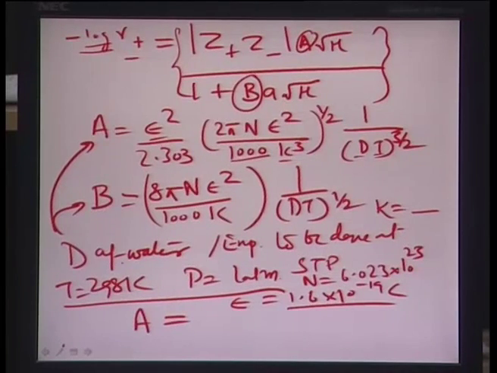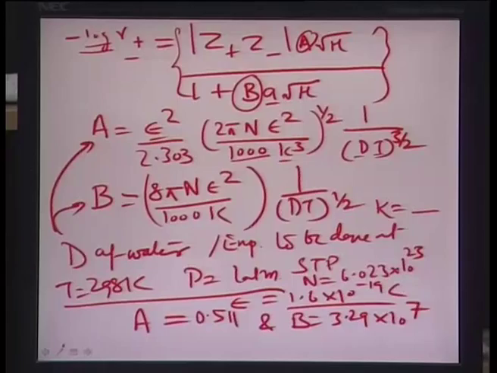So, you can compute all these values and A comes out to be 0.511 and B comes out to be 3.29 × 10^7, a relatively very large value. Okay. But because this B is in product with the ion size parameter, which may be a few nanometers, and we will be estimating a few tables later on for the ion size parameter A, the equation and the gamma value would hold consistency.